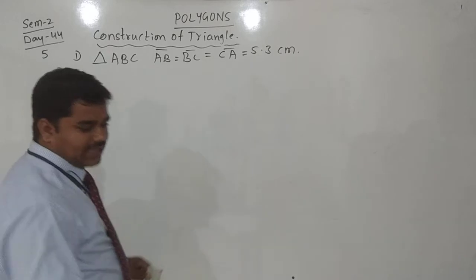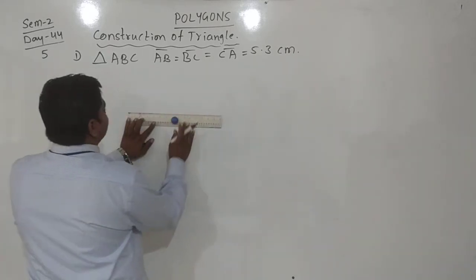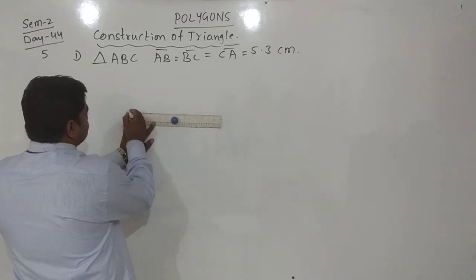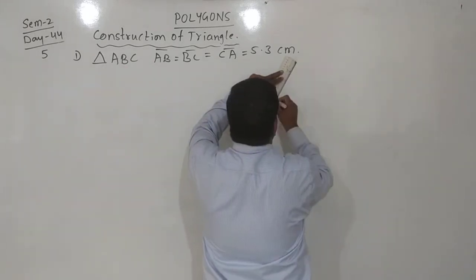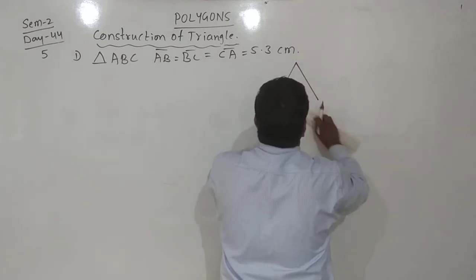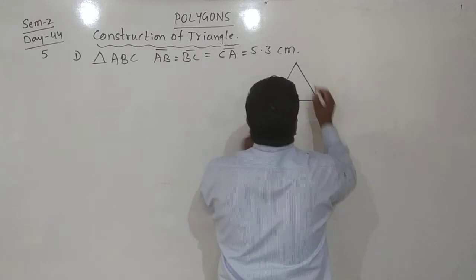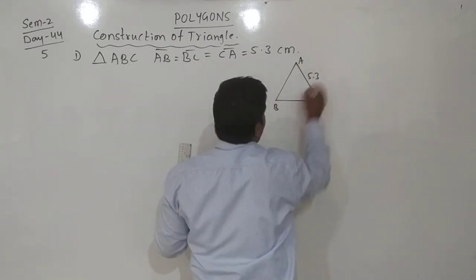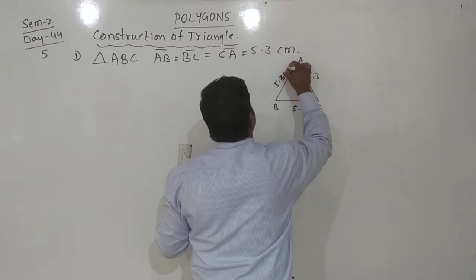Now we can construct. First step, draw a line BC of 5.3 centimeter. This is a rough diagram. I will draw a rough diagram of A, B, C, all sides 5.3 centimeter.